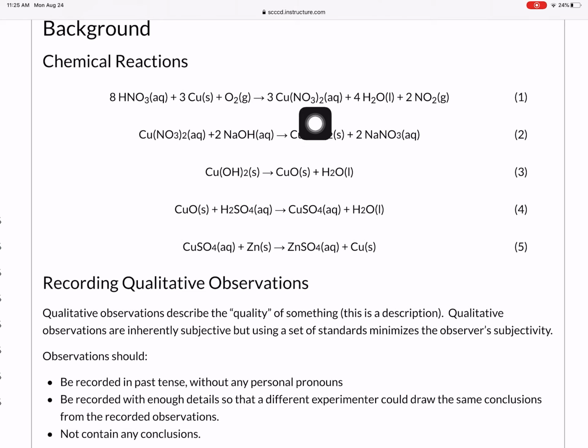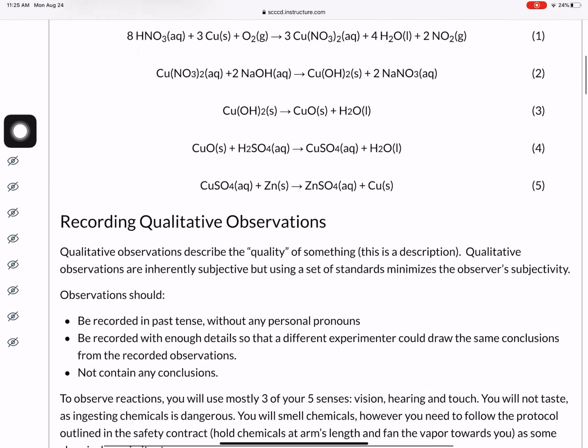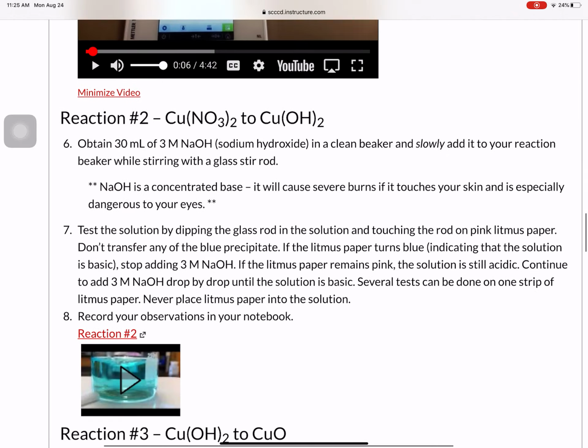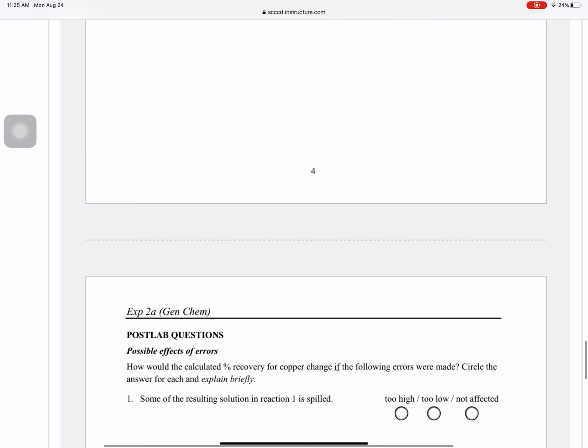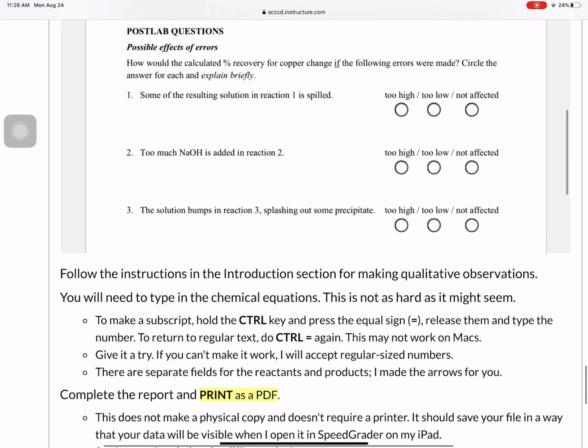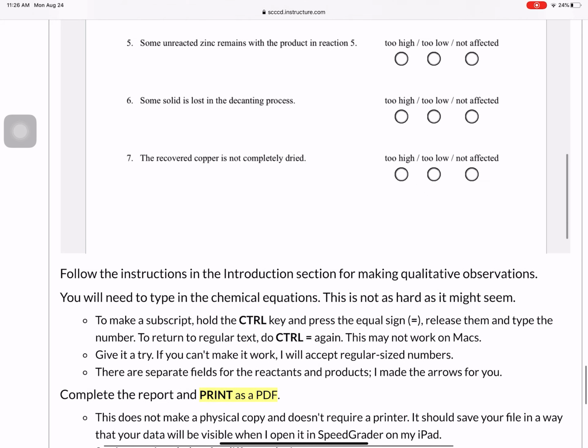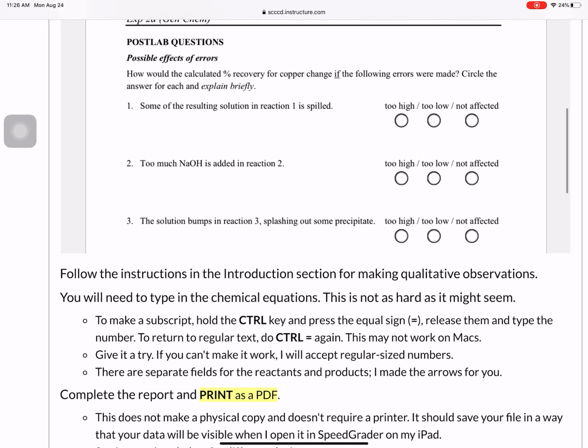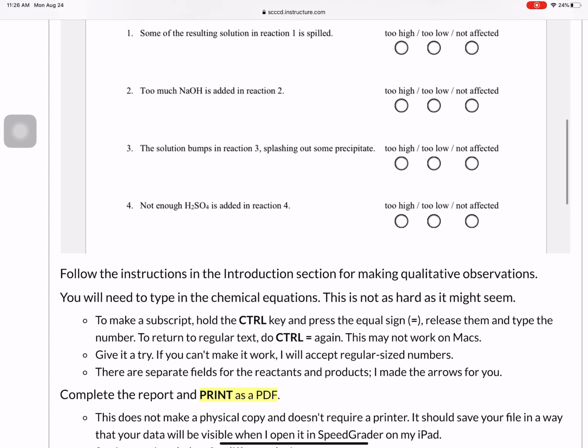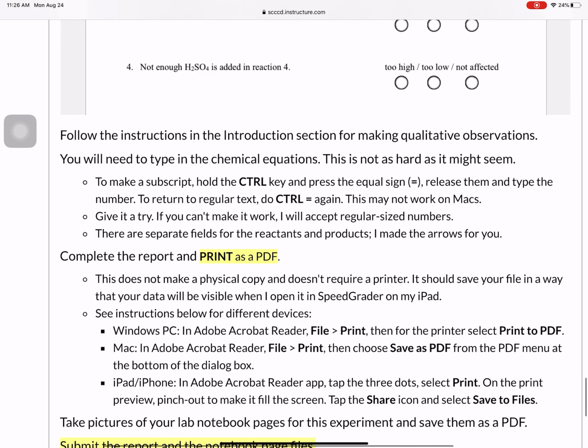So here we have aqueous and liquid water, so this is the solution. So if I lost some of this, what would that do to the amount of copper that I got back at the end? That's what we're asking you to think about there. And so there's a bunch of different things that could possibly happen, and we just want you to explain briefly what you think would have happened.